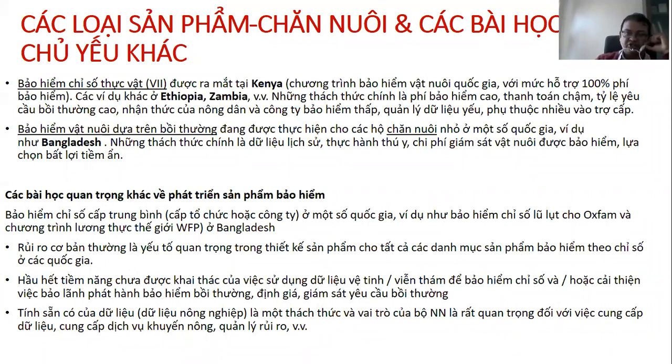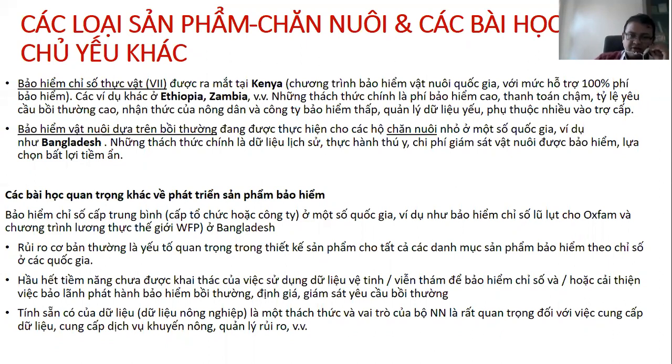It's part of a national livestock insurance scheme. And in fact, this product has had 100% premium subsidy, because it's really focusing on very low income farmers, and also farmers in quite drought prone areas. So the premium has been fully subsidized.